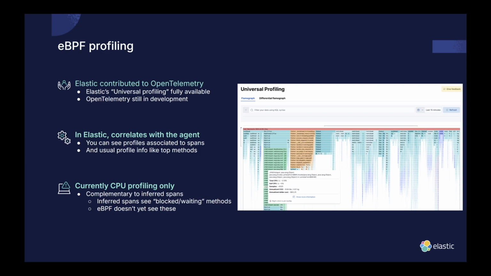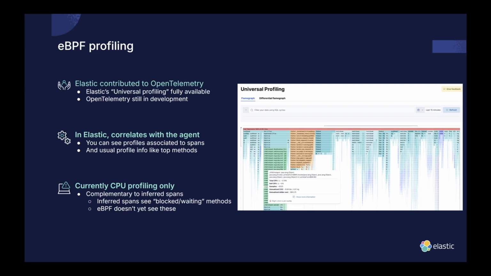Think about the inferred spans example we had. Method D was just sleeping for 200 milliseconds, so it wasn't on the CPU. It was a blocked method. eBPF profiling currently is only CPU profiling, so it only sees things that are on the CPU.